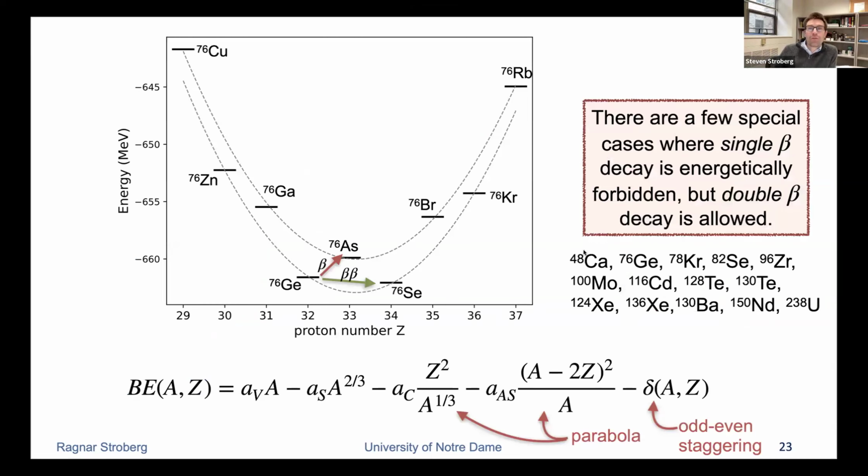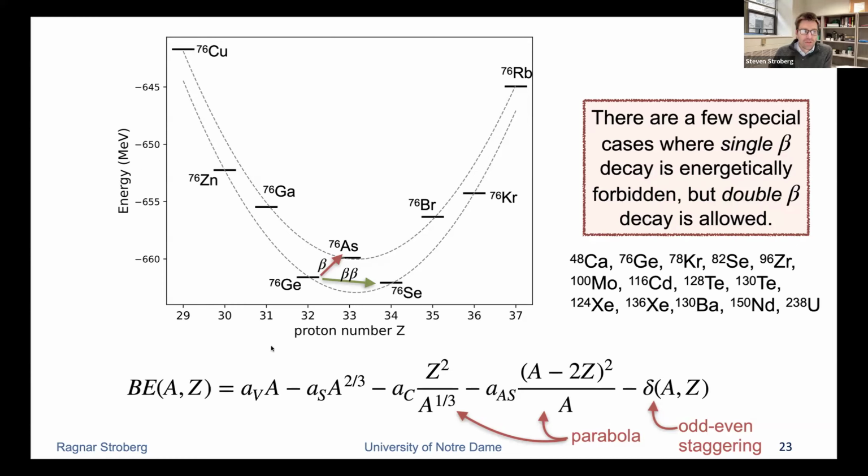Except there are a few very special cases where single beta decay is energetically forbidden, but double beta decay is allowed. One such case is illustrated here for the mass 76 isobaric chain. So I'm showing the energy as a function of number of protons. All of these have 76 particles.